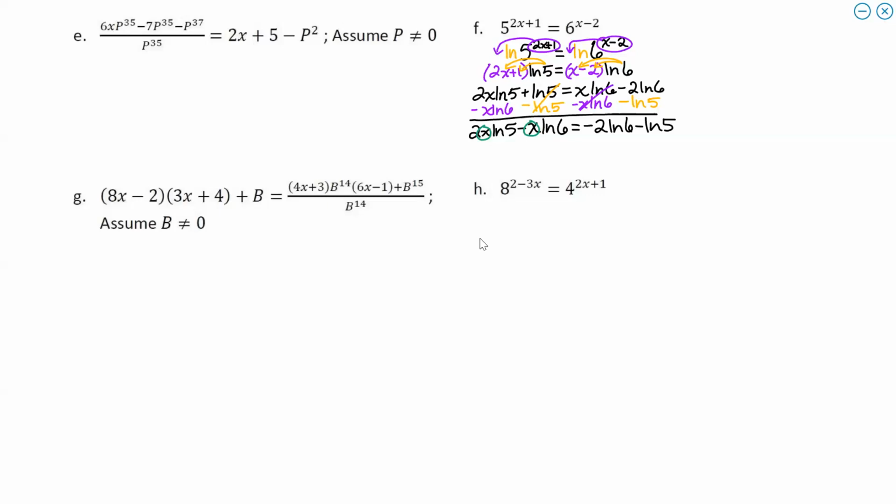Multiplies to a positive 216, but adds to a negative 30. Yes, sir. 12 and 18. So it's got to be a negative 12 and a negative 18 if I'm going to get this to add up to negative 30. Right?